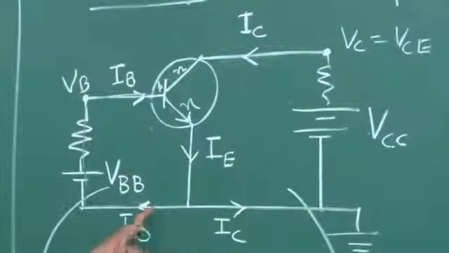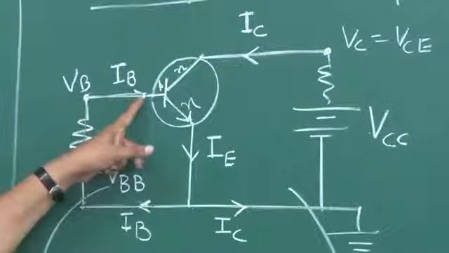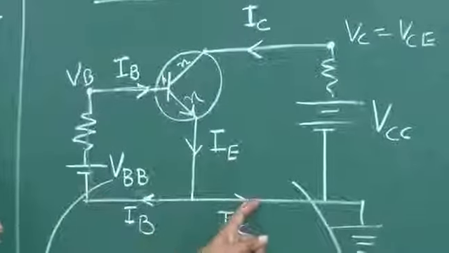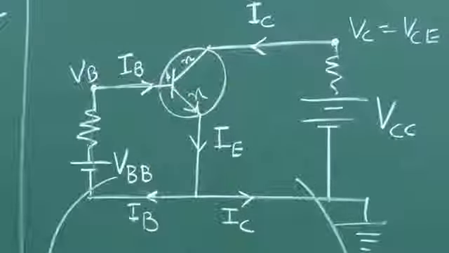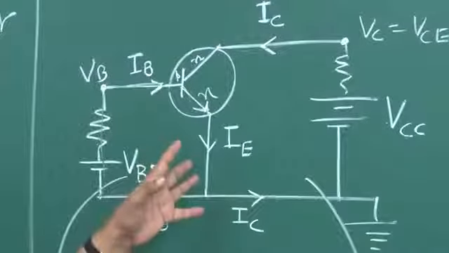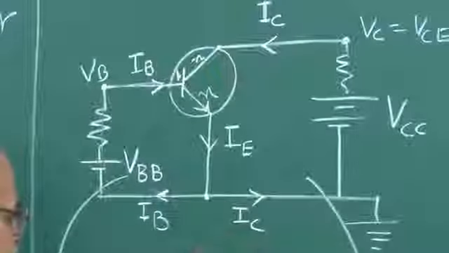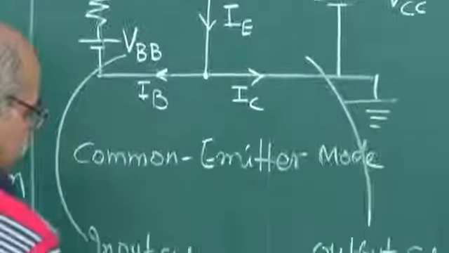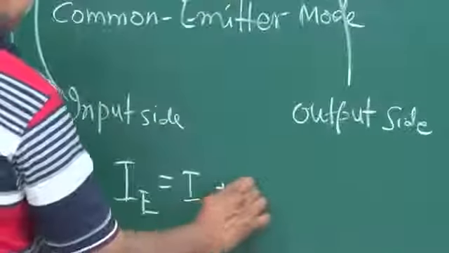Right? The current which goes in this direction, that only goes through this and then reaches here. Similarly, the current which goes like this, that only goes and reaches here. You can apply Kirchhoff's junction rule at this point, and you can see that IE is equal to IB plus IC.